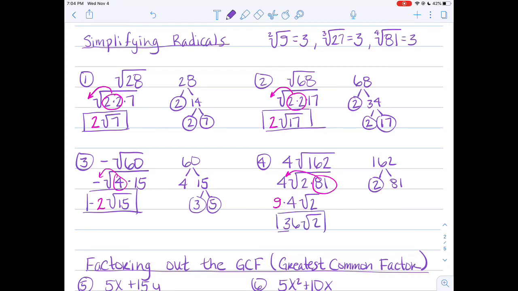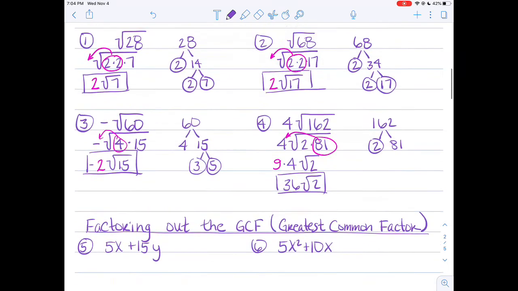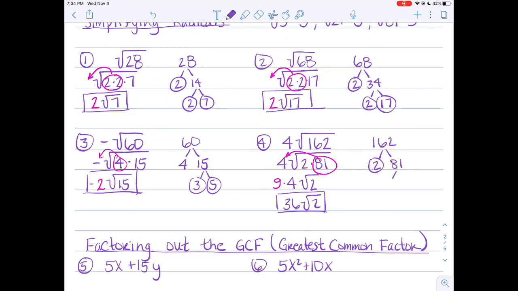Now, if you didn't happen to recognize that 81 was a perfect square, you could have gone ahead and broken it down further. Well, 81 is 9 times 9, and maybe you would have noticed that 9 was a perfect square, the perfect square of 3, and you could have written it from there. If you needed to, though, just keep on breaking it down.